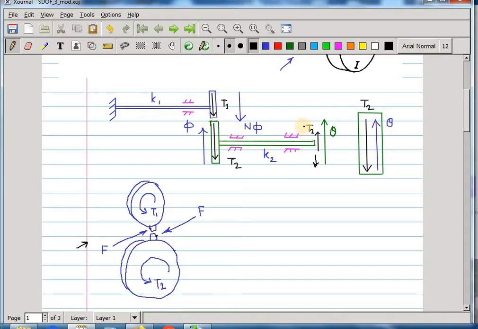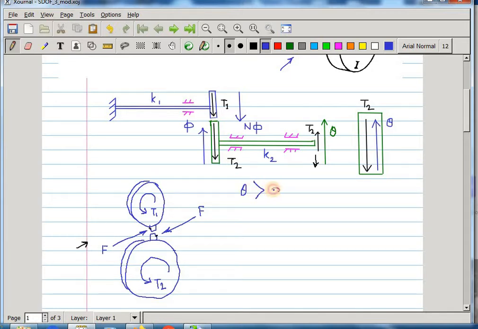Now if you draw the free body diagram of the disc separately and you cut here, then if this is T2, this is also T2. Our common feeling is that if this T2 is in this direction and this T2 is in this direction, then this end rotates downwards and this end rotates upwards. But there is another possibility. If this end rotates by phi and this end rotates by theta, where theta is greater than phi, then this is also possible.